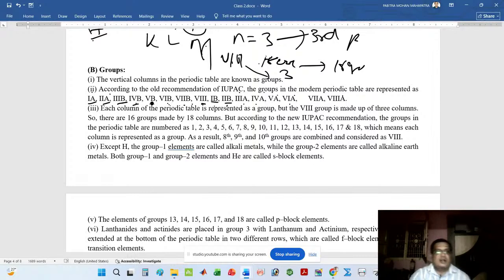At first, two A are written, then all are B. After IA, IIA, you can start with III, no doubt, but the symbol is B, not A. So serial wise, we can write IA, IIA, IIIB.